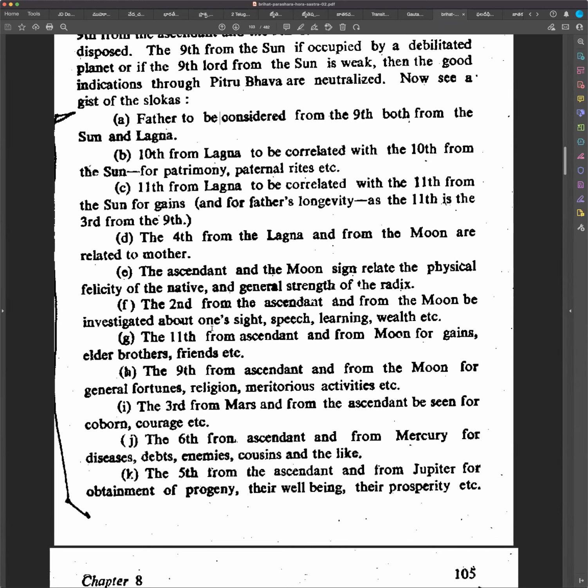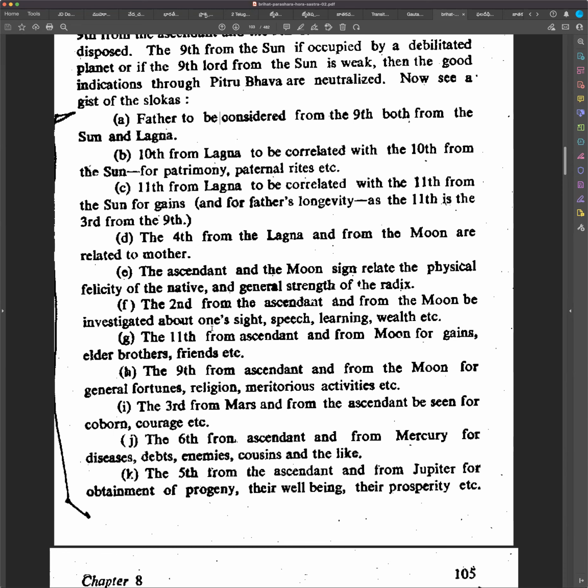These things should go to a proper person who has maturity, calmness and patience about the subject. There will be more confusions like this, but we'll stick to the ascendant. First we'll learn from the ascendant, then we'll see from Sun, Moon, Venus. So we'll stick with the ascendant.